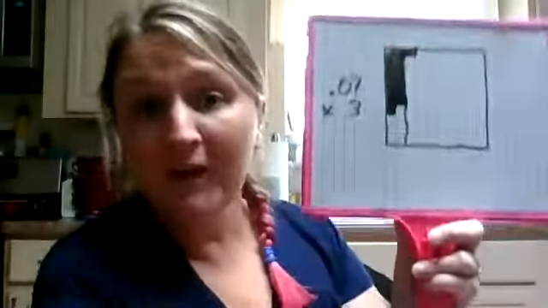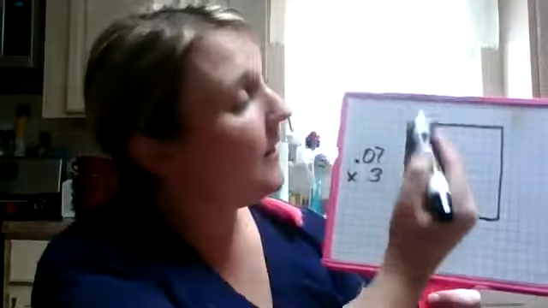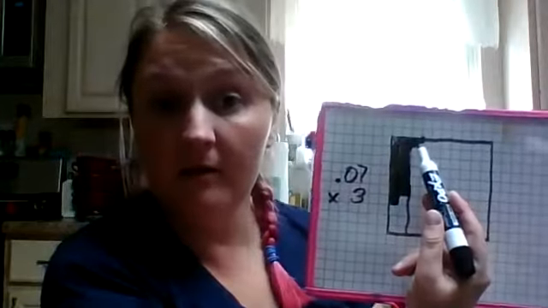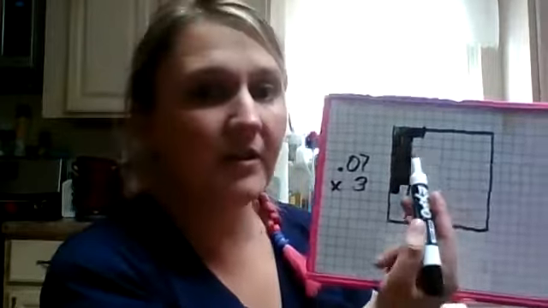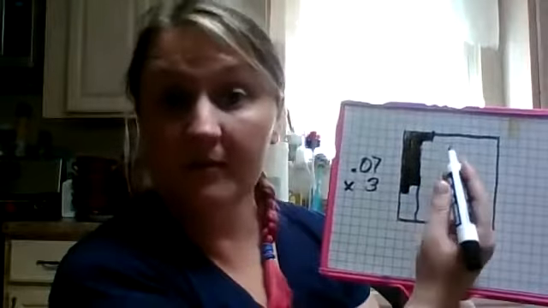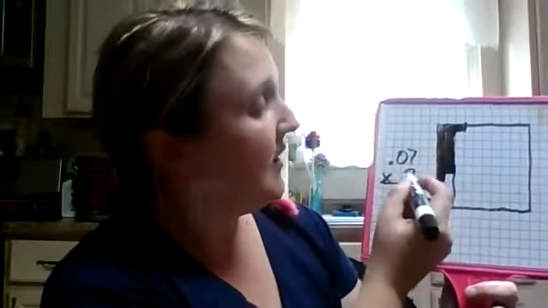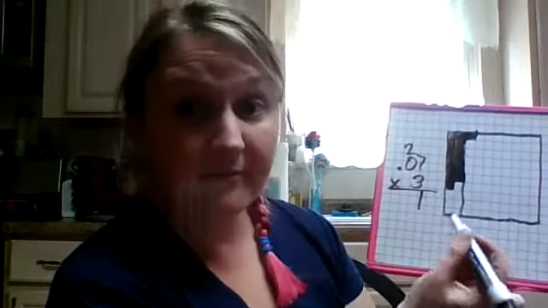So when I color it in, I know I have 2 full rows, which would be 10, 20, and then one additional one over on the other side. So this is 2 tens, which would be 20, plus 1 is 21. If I take 3 times 7, I'm going to get 21.